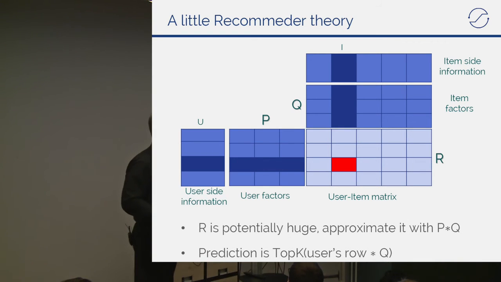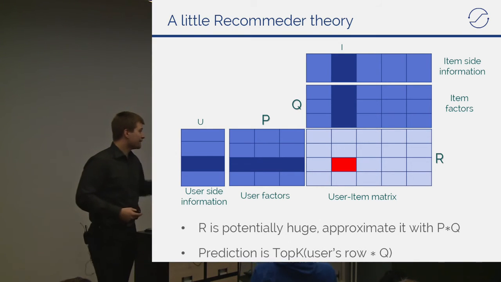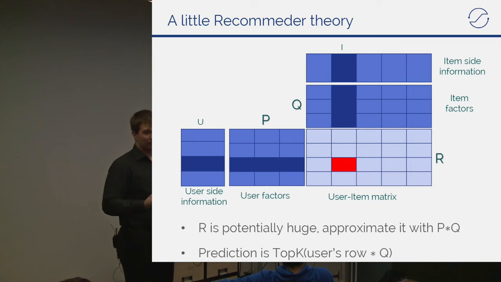So you get two smaller matrices that you can actually store and still get a nice view of how the rating matrix should look.